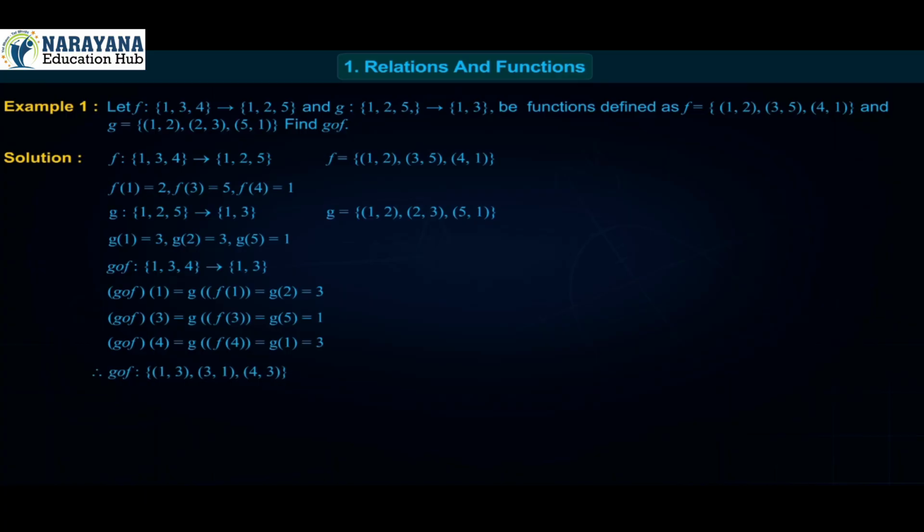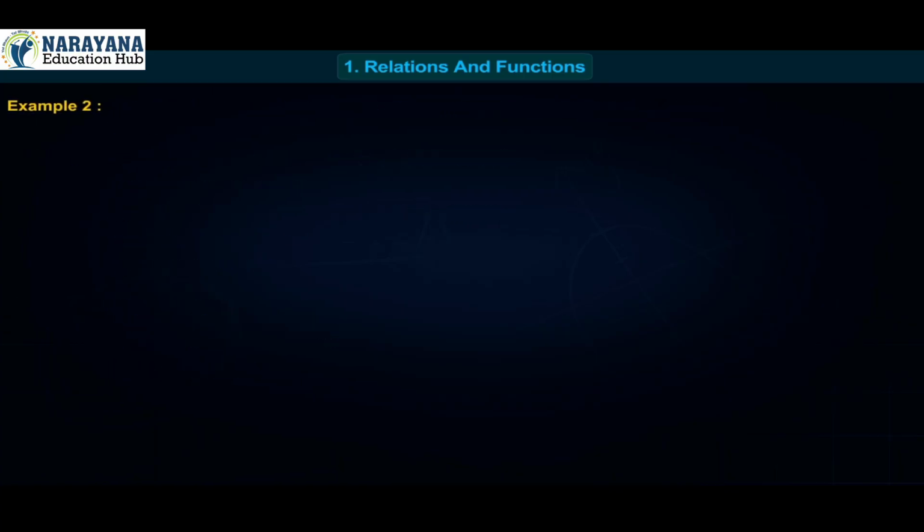Therefore, gof is the set of ordered pairs (1, 3), (3, 1), (4, 3).